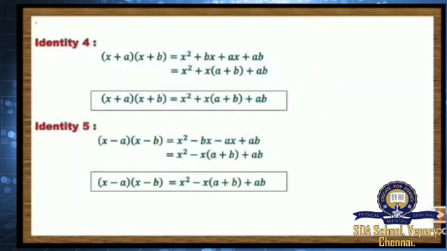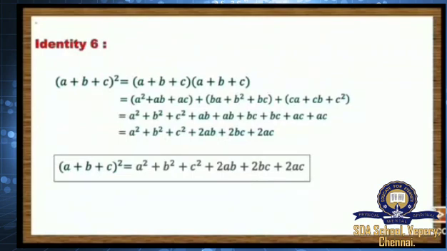So similarly, if you observe here in the second and third term, you have x is common. Also, you have minus sign in common. So taking x and the minus sign commonly outside, you will get minus x into a plus b. So the expansion for x minus a into x minus b equals x square minus x into a plus b plus ab.